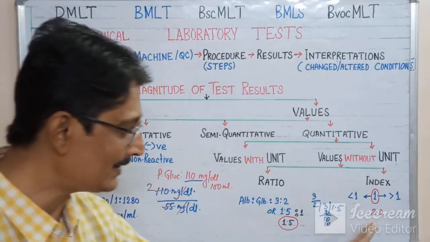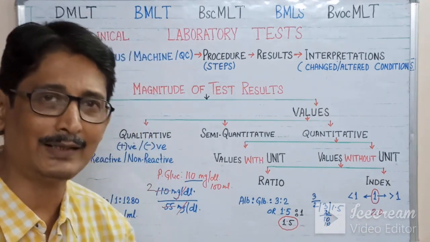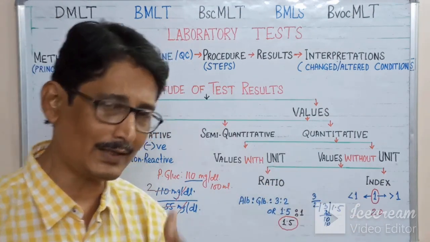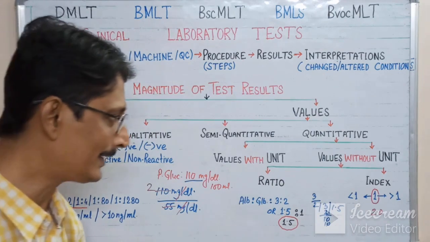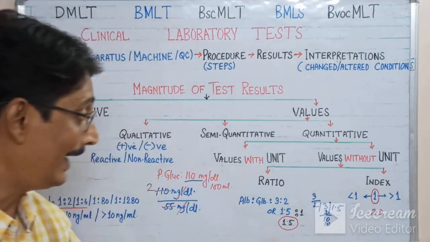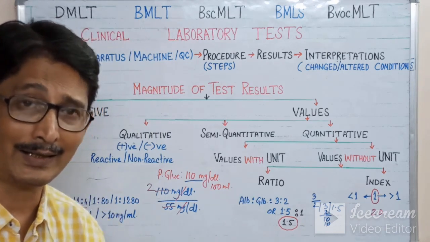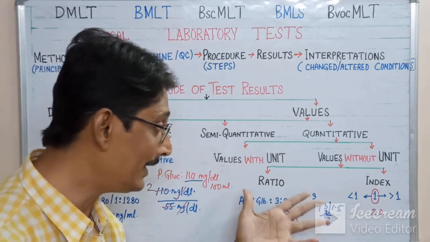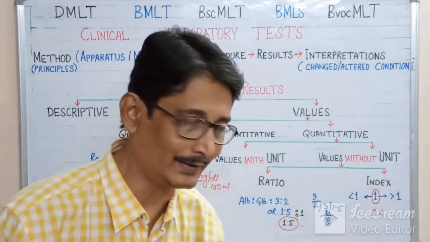Here it is clearly showing that it is 2 times higher than the normal. So ratio and index are more or less the same matter, but the index is compared with the normal, while in the ratio we compare it with another component. So here is the main difference between the ratio and the index.